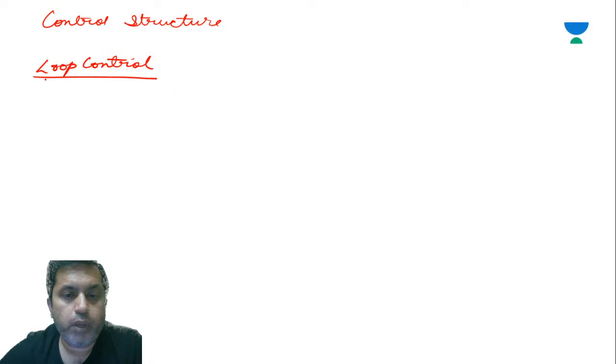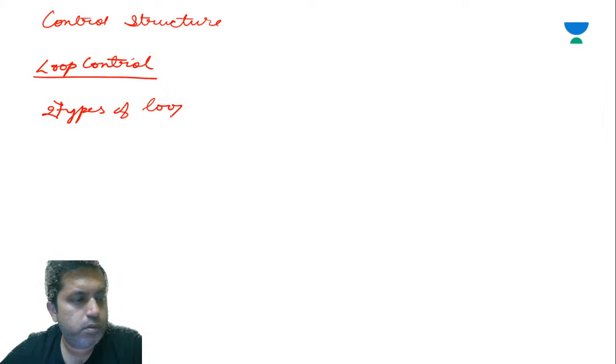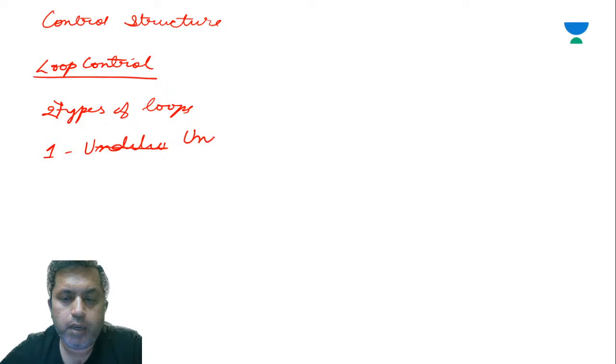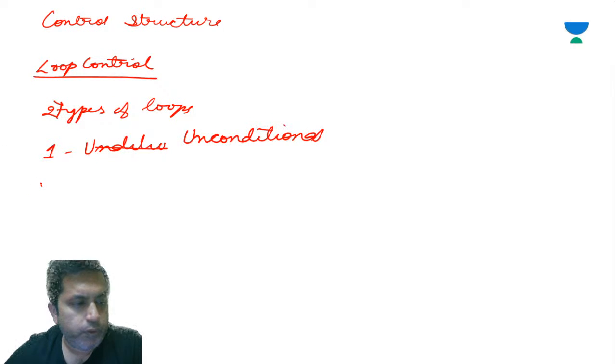Loop control. Okay, there are two types of loops. One is unconditional loop. This will be conditional loop.